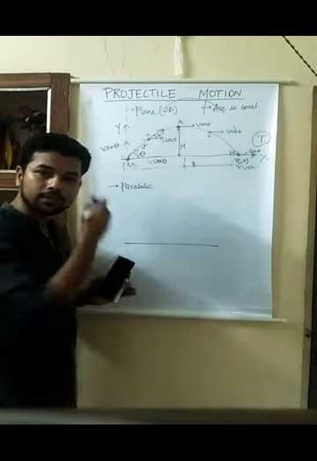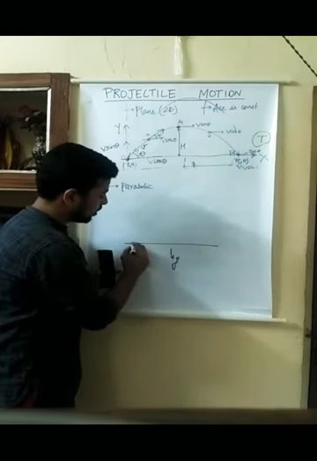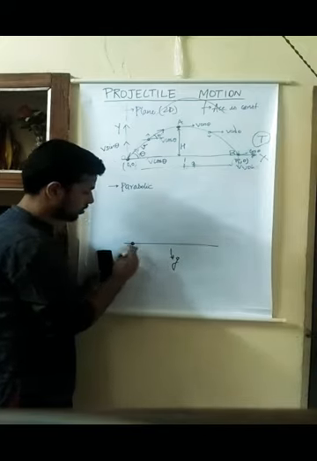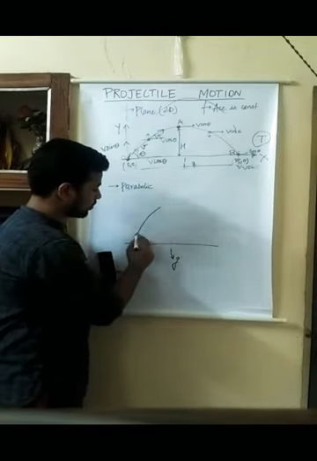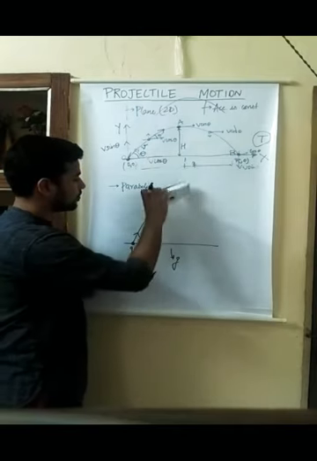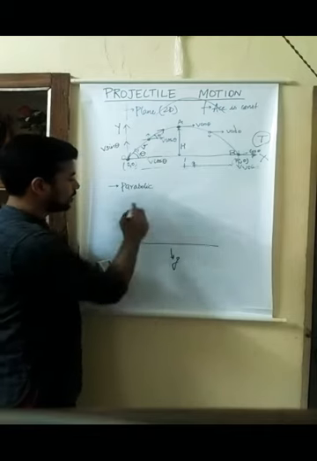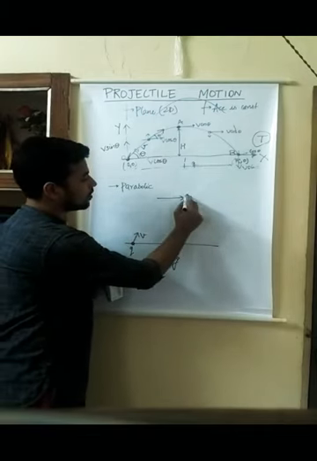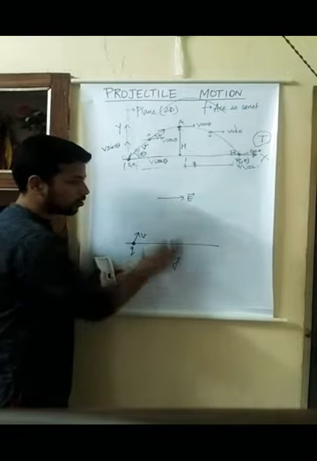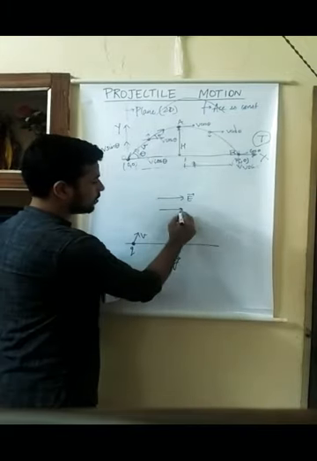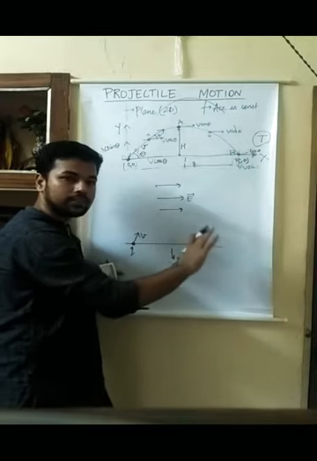If I give a system which has acceleration due to gravity and there is a projectile which is charged, say it has charge q, and it is thrown with a velocity v, and there is an electric field E throughout the surface, parallel to the horizontal surface.